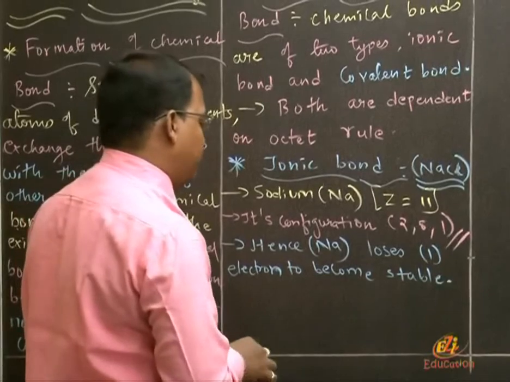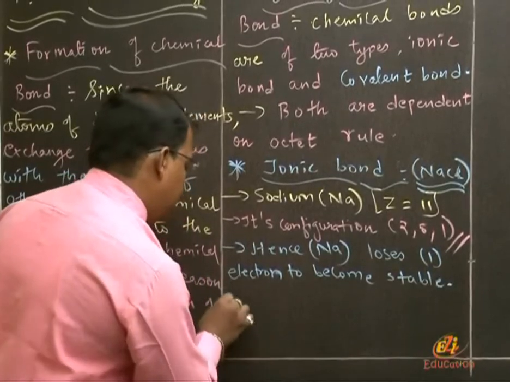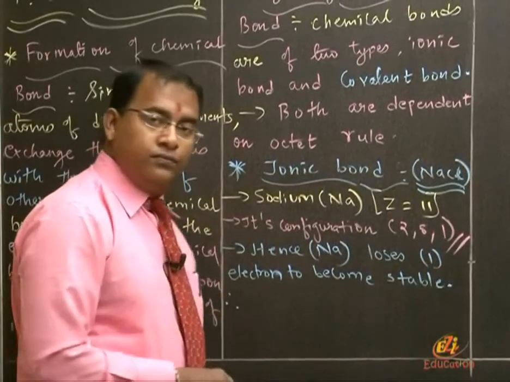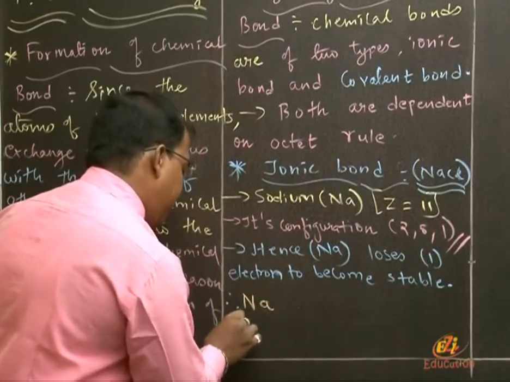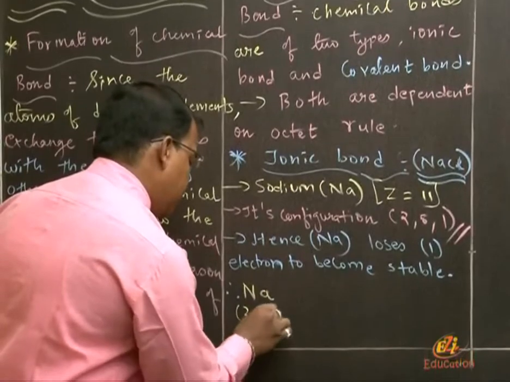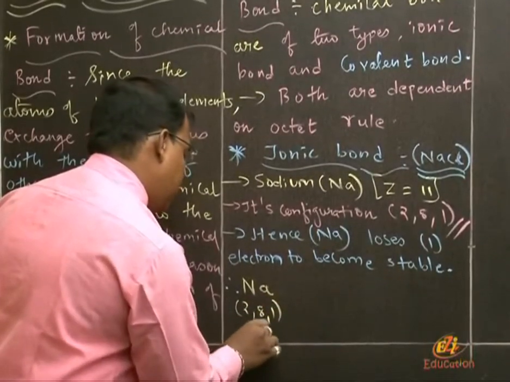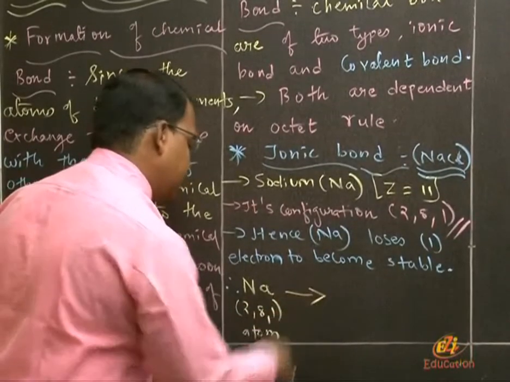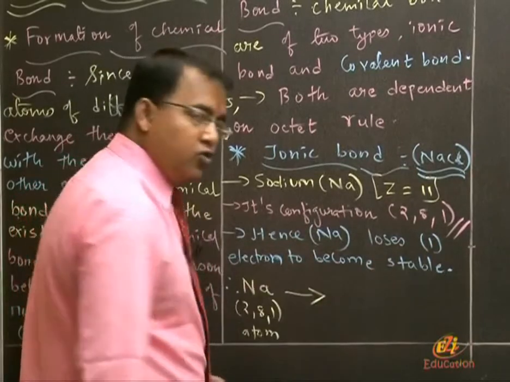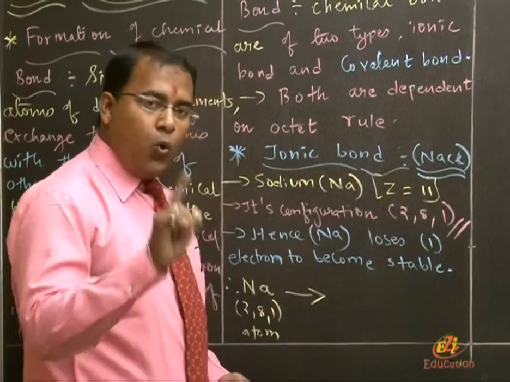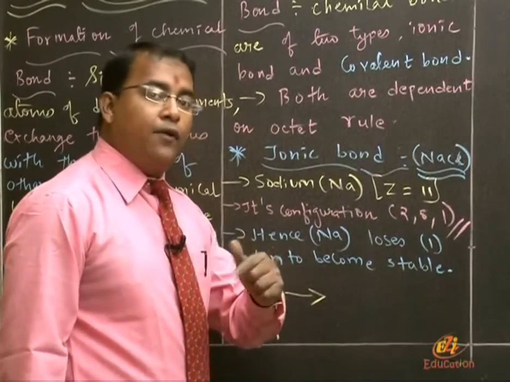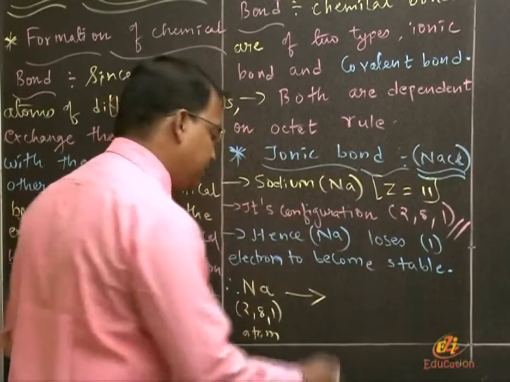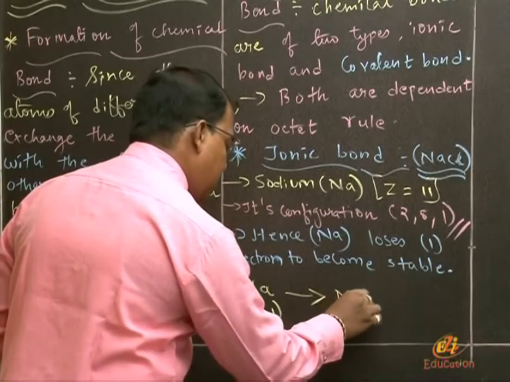Na loses 1 electron to become stable. Therefore, the reaction will be: this is a sodium 2,8,1 atom. It loses 1 electron, becomes Na positive, and 1 electron will be released, like this.